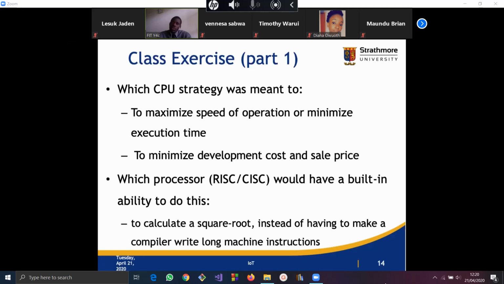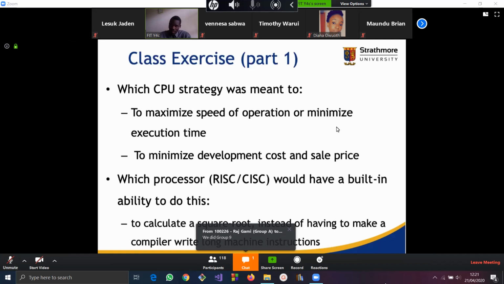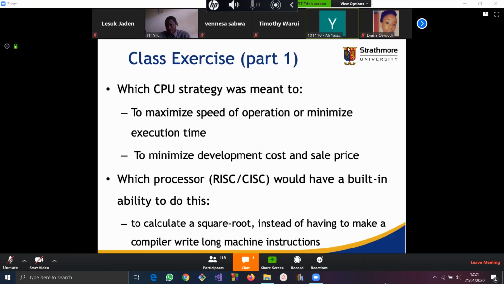I think the answer is CISC. The answer is CISC. Yes, Yasin. We chose CISC because if a program has very many instructions, CISC would reduce the number of instructions to execute that program. Hence, it would maximize on the speed.